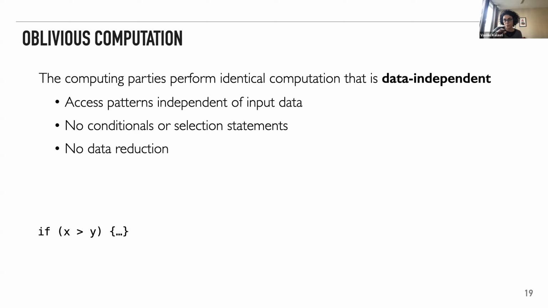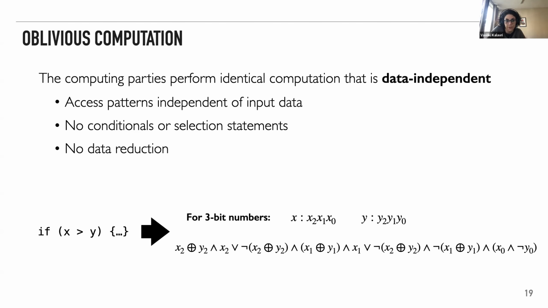So we have to transform this if statement into a formula that we can evaluate and get either 1 or 0 based on whether it's true or false. And this is the formula for 3-bit numbers. It's much longer for longer numbers, so I cannot show it.